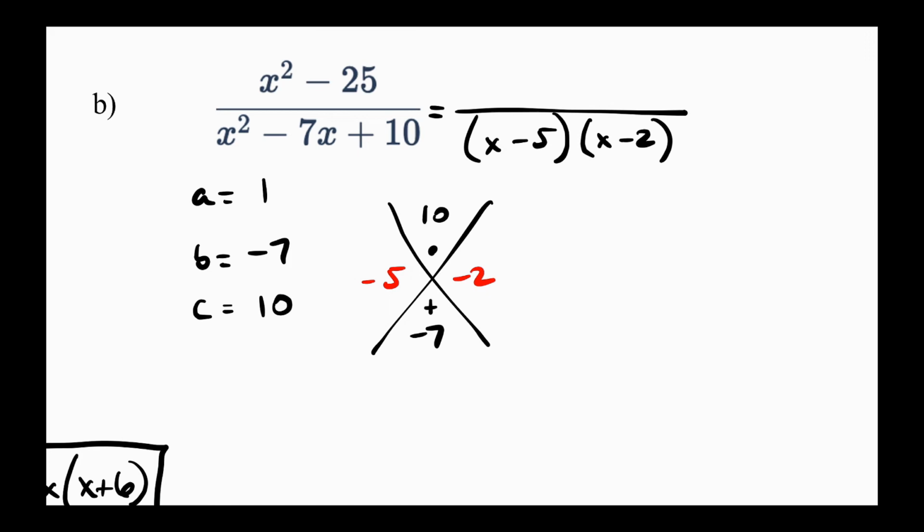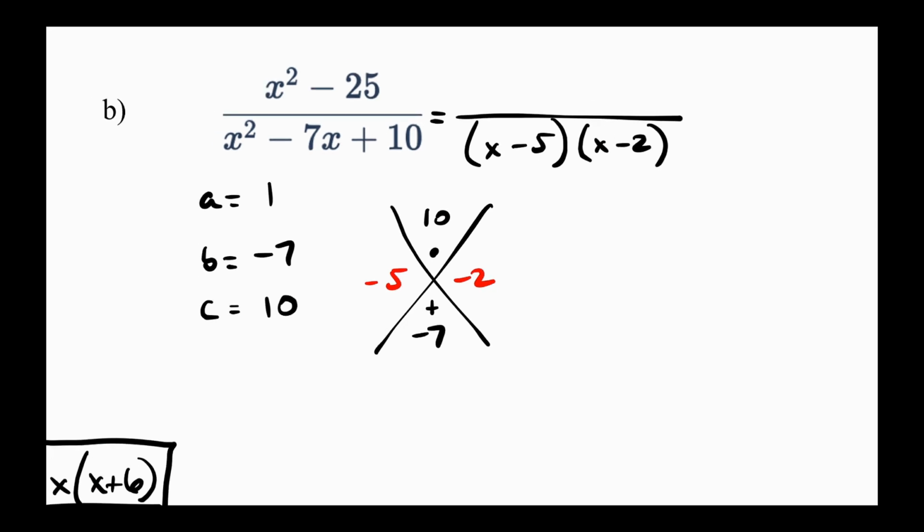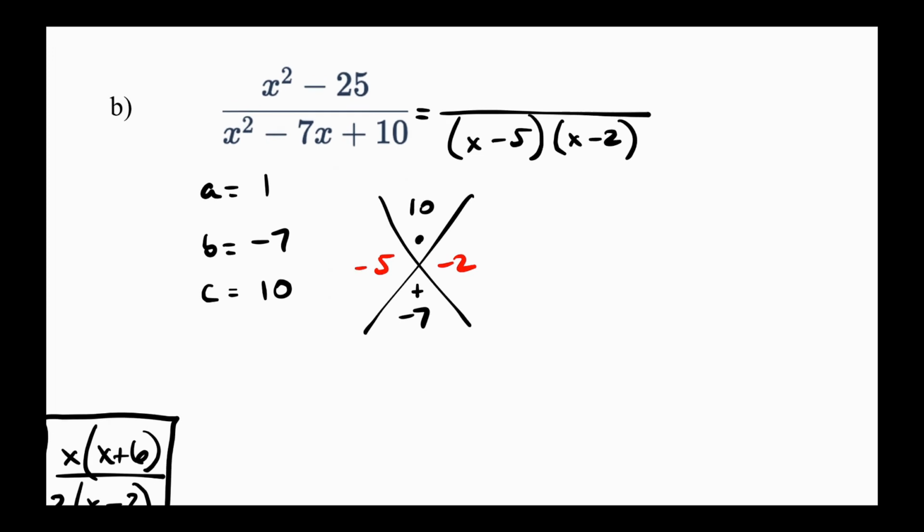The bottom has been factored. The top again is a binomial, so we follow a different set of rules for that. Does the top have a GCF? No, it doesn't, so we skip that step. Is it difference of squares? Yes, it is. How do we know it's difference of squares?